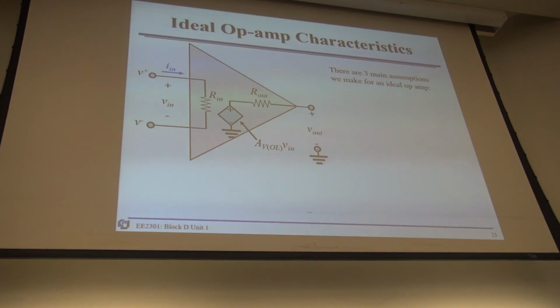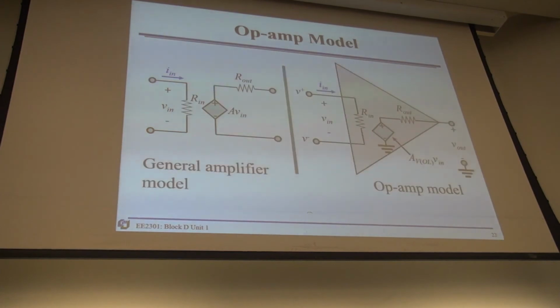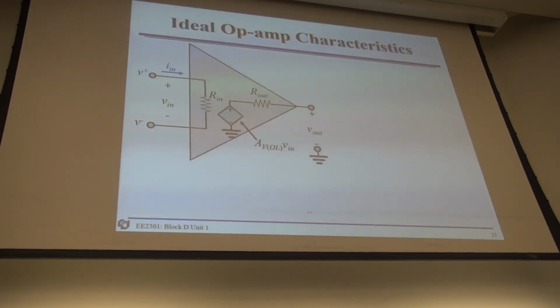So there are three assumptions in here. Listen carefully. We compare this one and this one. They're almost the same, but there are ideal assumptions. The first, we assume that R in is infinity. R in is really big.